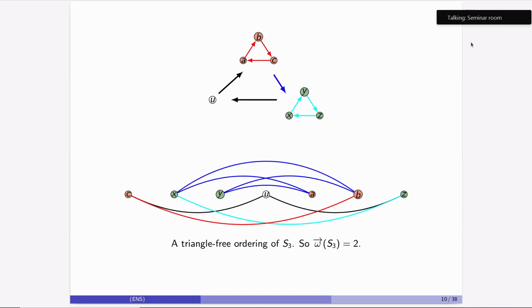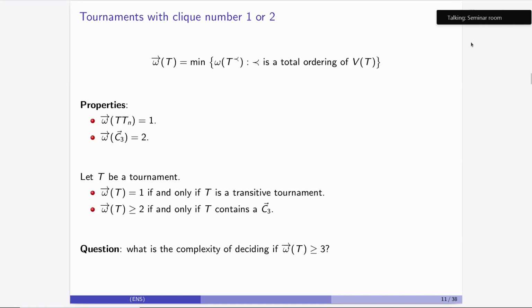Well, this is an ordering of S3 here, so that it has dichromatic number 3, but the clique number is exactly just 2. There is an ordering of this so that there is no triangle in the backedge graph. There is a C5, because the chromatic number must be at least 3, but no triangle. Okay, this is not very important.